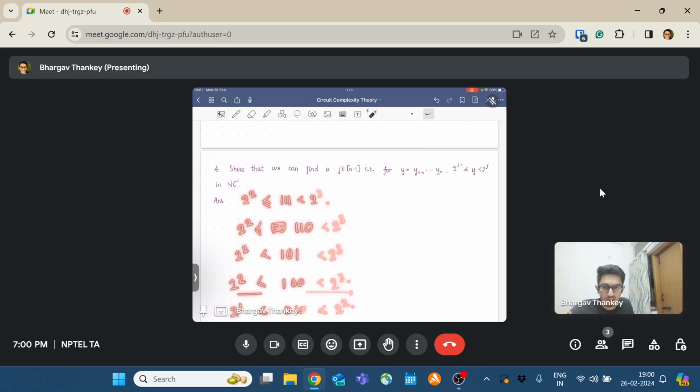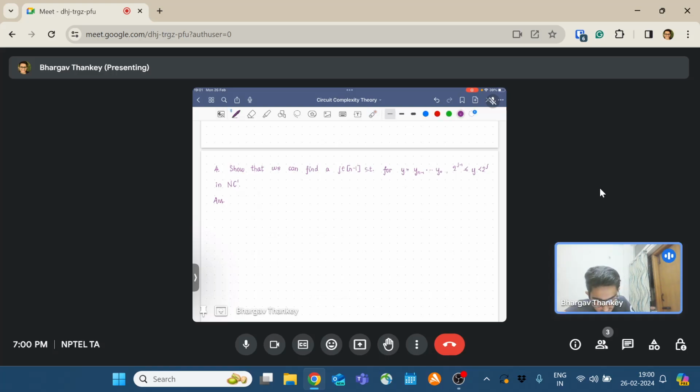So in general, using this, can you say when would this be true? Let me do this first. So y is 2 to the n minus 1 times yn minus 1 plus 2 to the n minus 2 times yn minus 2 plus up to 2 times y1 plus 2 to the 0 times y0.